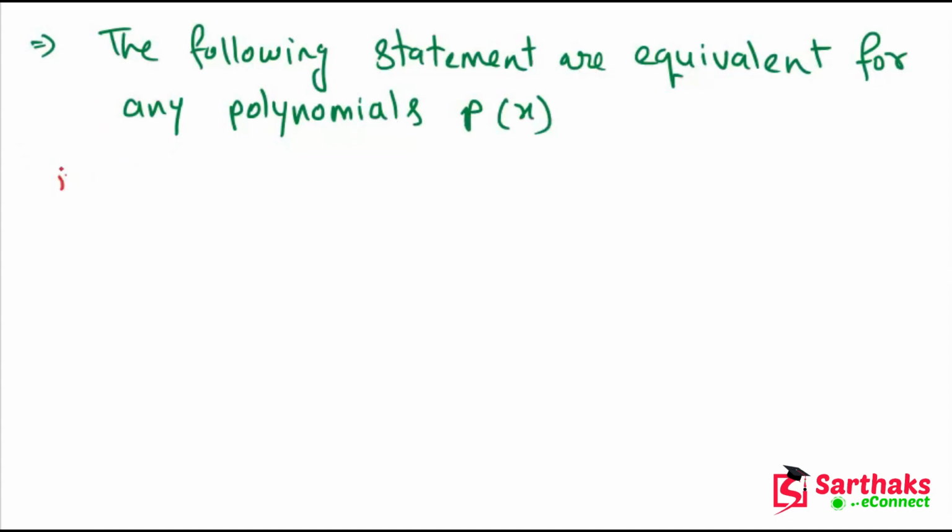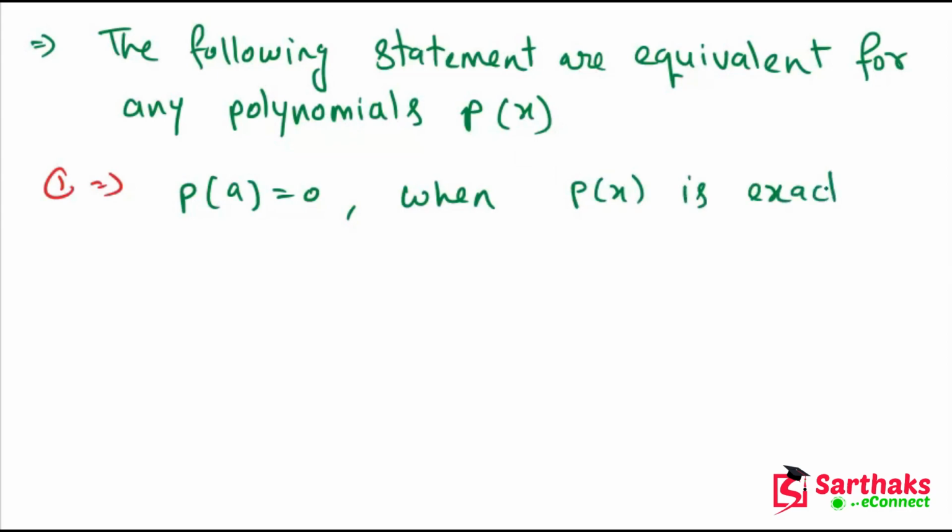The first statement is that the remainder is 0 when P of x, the polynomial, is exactly divided by x minus a. It is saying that P of a is equal to 0 when P of x is exactly divided by x minus a.